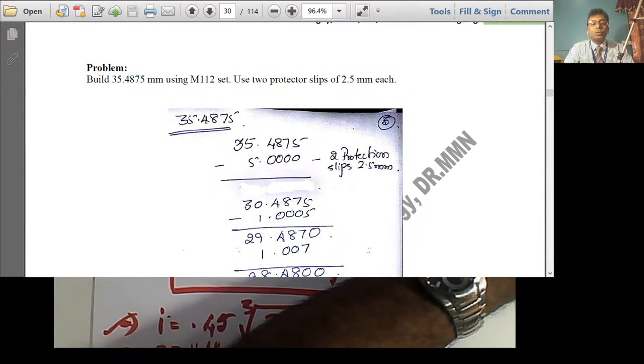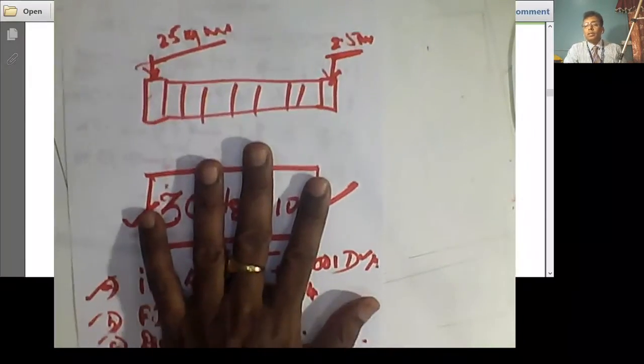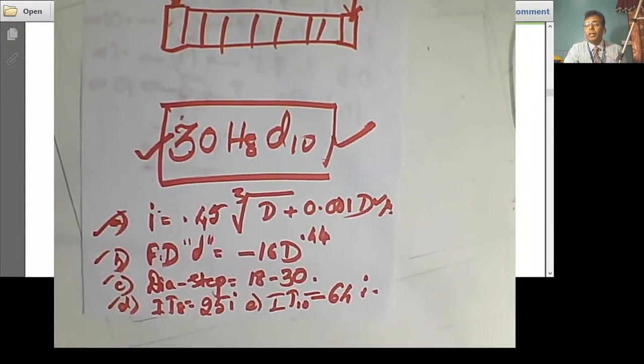One second, just hold on. Is it not visible? I am surprised. 30H8D10.